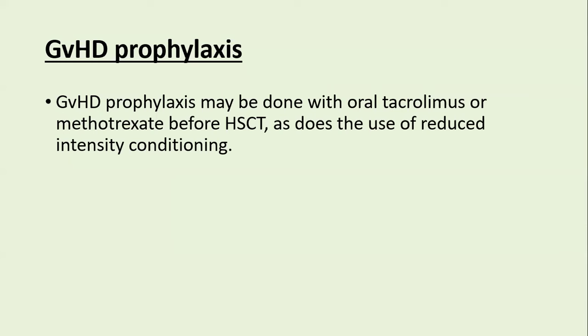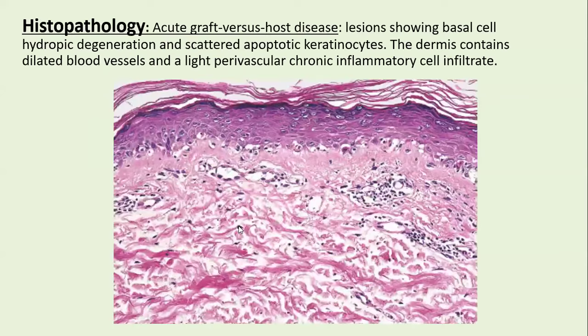The GVHD prophylaxis is done with oral tacrolimus or methotrexate before HSCT, as does the use of reduced intensity pre-procedure conditioning. So if we do these procedures, the incidence of GVHD is reduced.